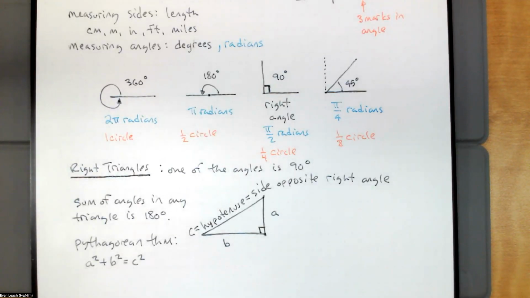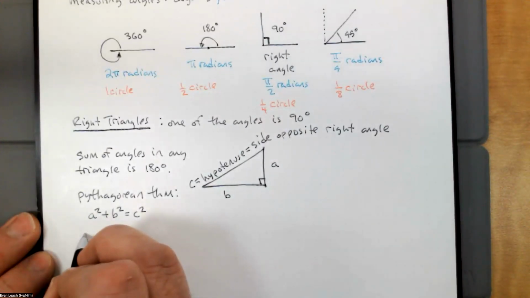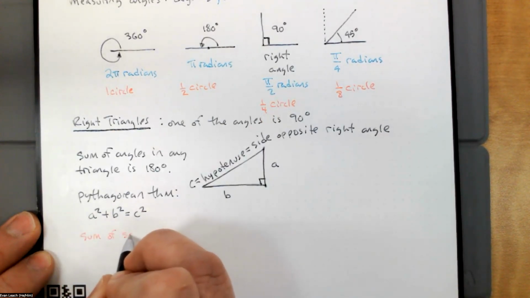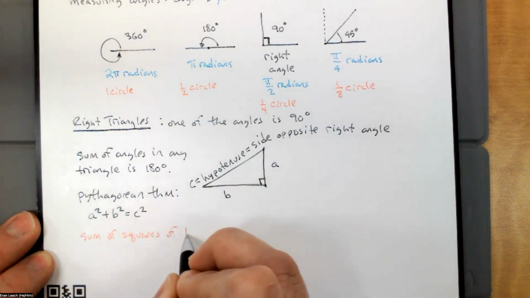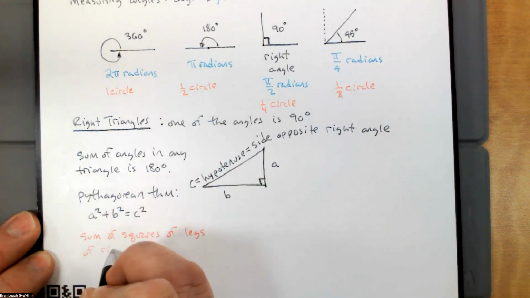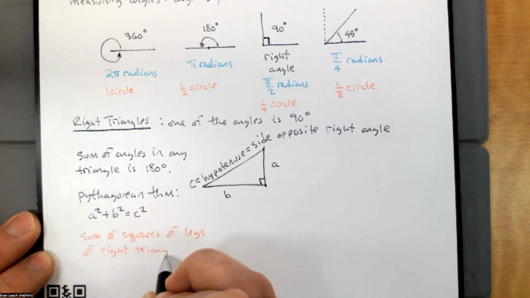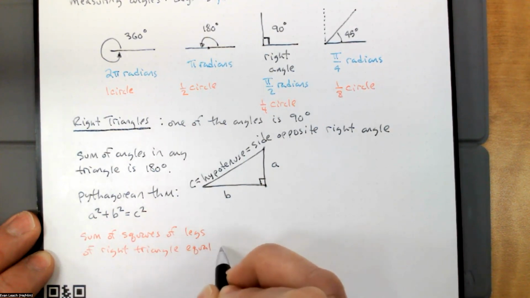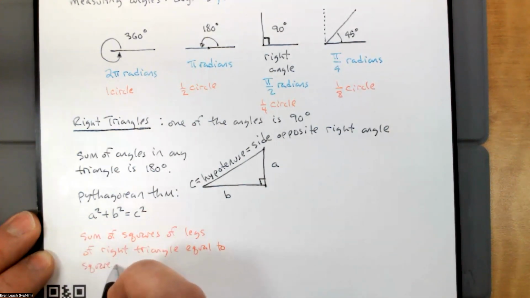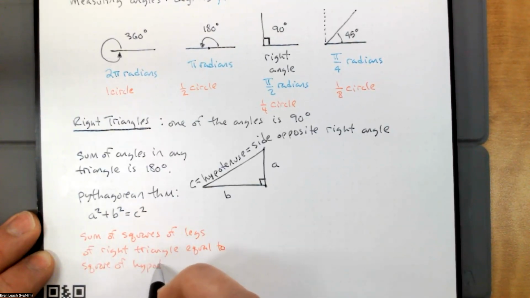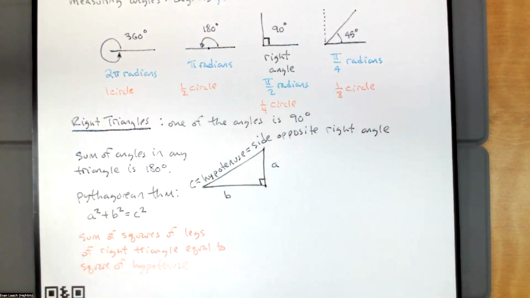That's beside the point. The Pythagorean theorem says that the sum of the squares of the legs of a right triangle is equal to the square of the hypotenuse.